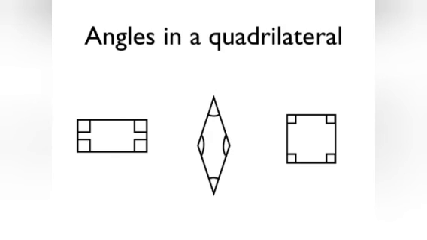We are almost done here. Let's take a look at quadrilaterals. A quadrilateral is a four-sided shape. That means four straight lines meeting together forms a quadrilateral. There are different types of quadrilateral, for example, rectangle, rhombus, and a square.